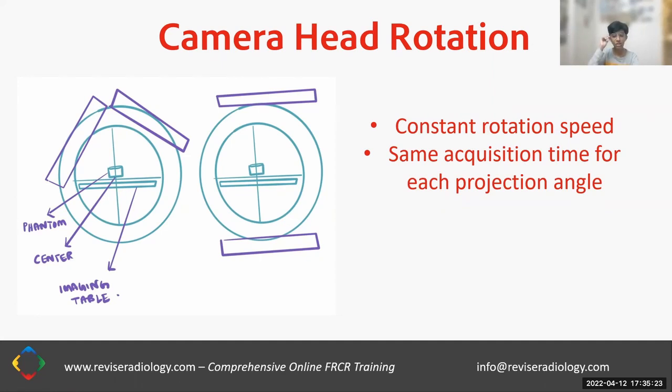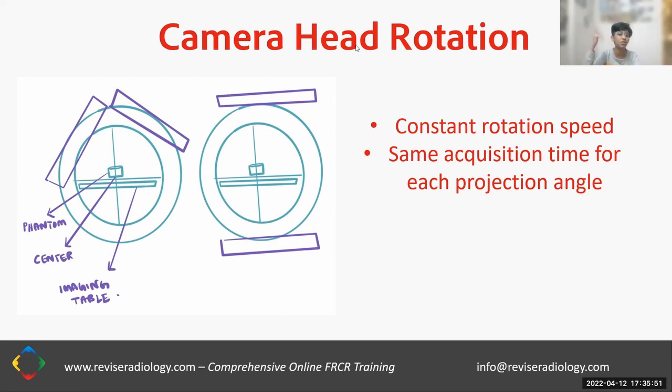So just picture it as happening this way. If you picture each photon that's being caught by the camera head as a tomato that's being thrown, if the camera is moving faster in some areas and slower in others, in the areas in which it's moving slowly, it will be able to catch more of the tomatoes that are being thrown.